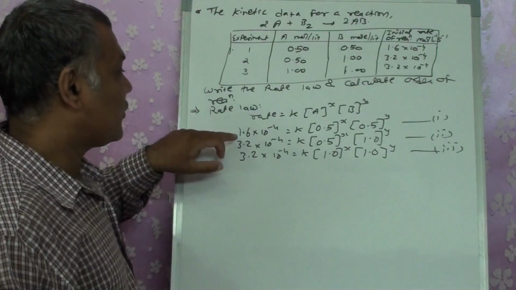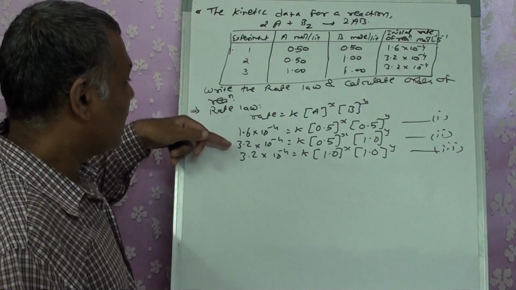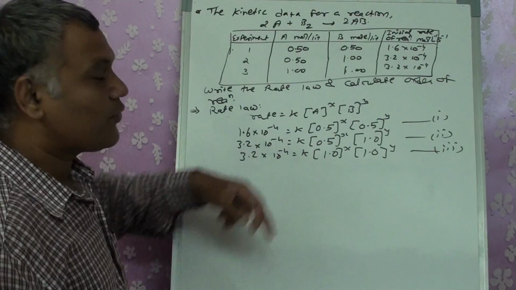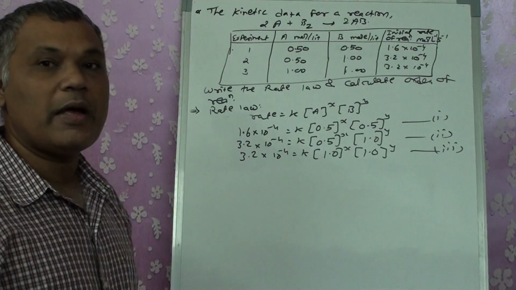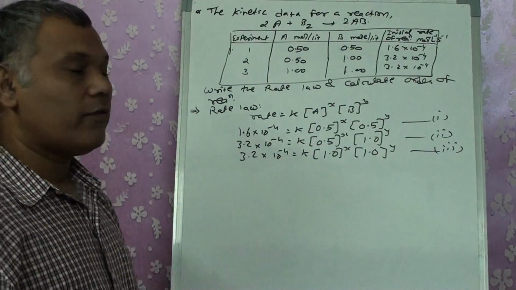Now, from this, can we say that in the first and the second equation, the x factor is common. So if I eliminate it, I can get the value of y.